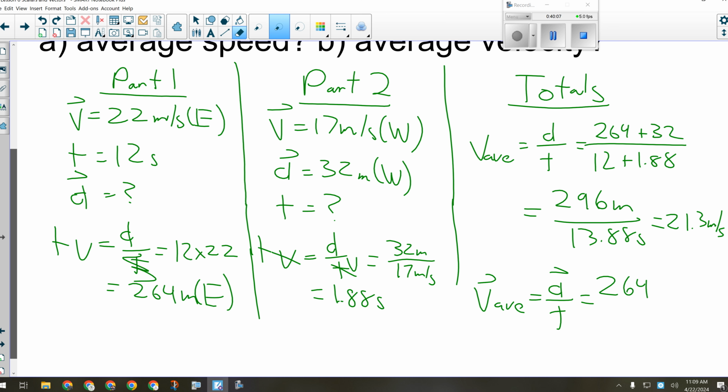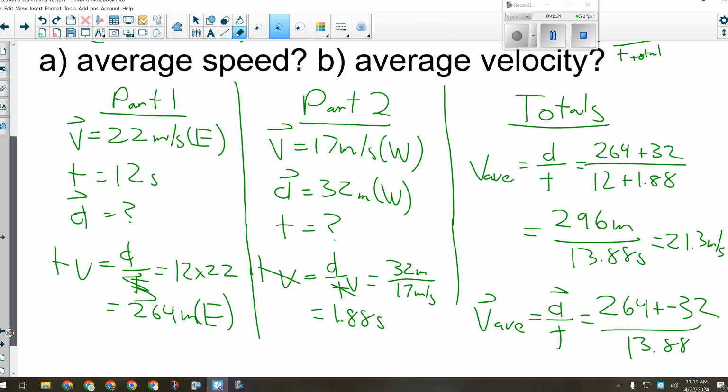The 264 was east, the 32 was west. I didn't do that up here because I was dealing with a scalar quantity. Now that I'm dealing with a vector quantity, I'm going to add negative 32 or just subtract 32. I'm still going to have 13.88 seconds. It's the same trip, that part doesn't change. And now I end up with 232 divided by 13.88.